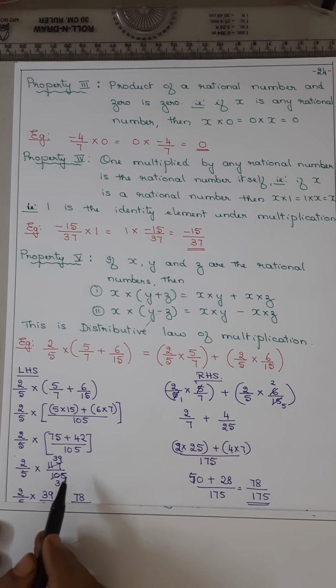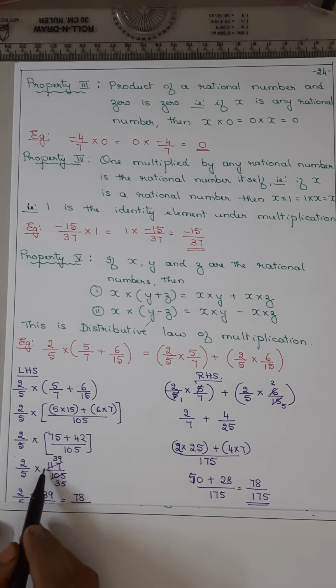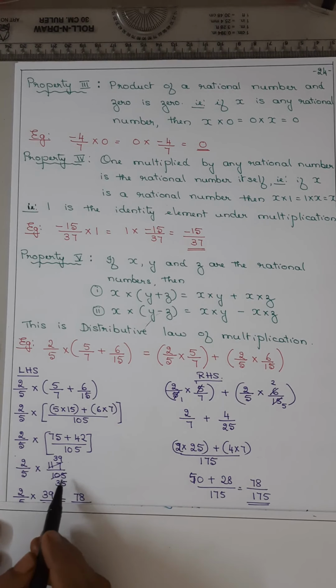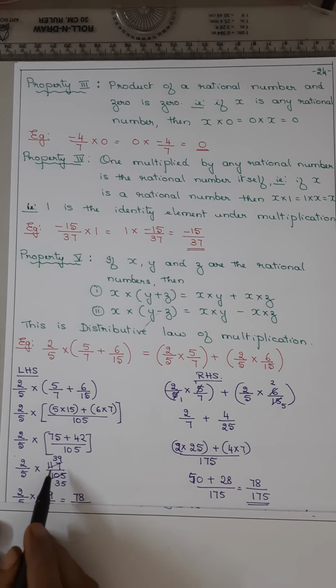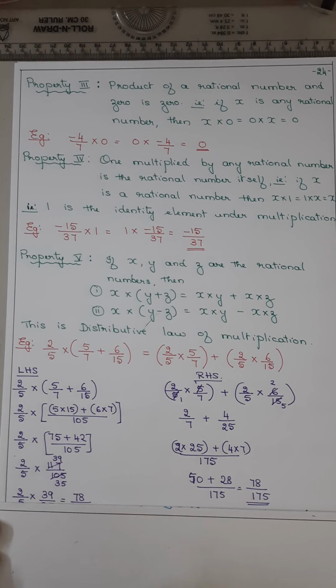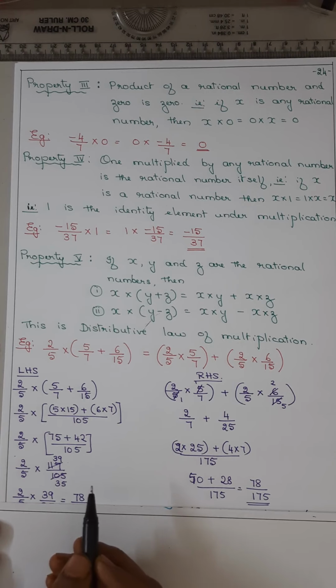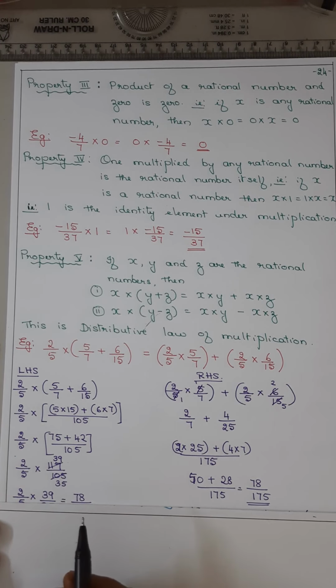Why? Because check the divisibility test, which you learned in 6th standard. It will go in 3 and also in 9. 5 plus 1 is 6, it will go in 3. So divide by 3. 3 3s are 9, 10, 11, 2 remains. 2 and 7, 27. 3 9s are 27.